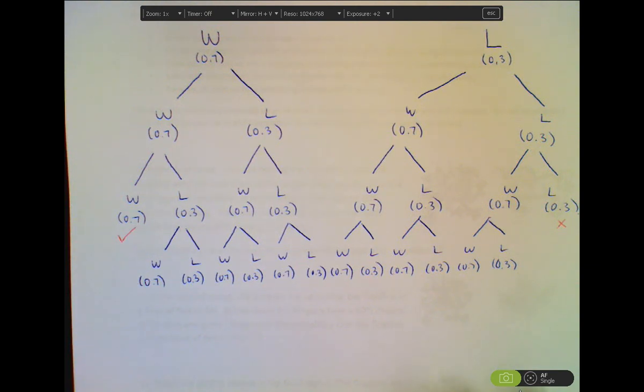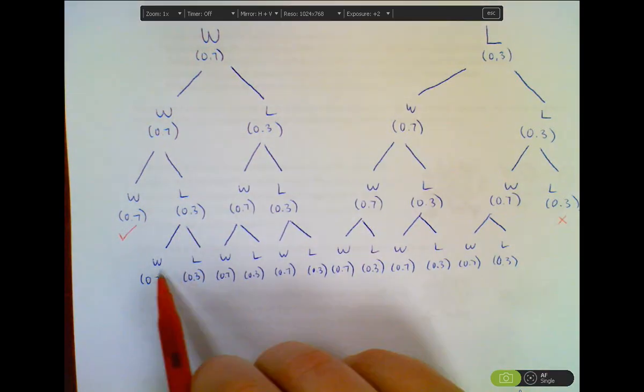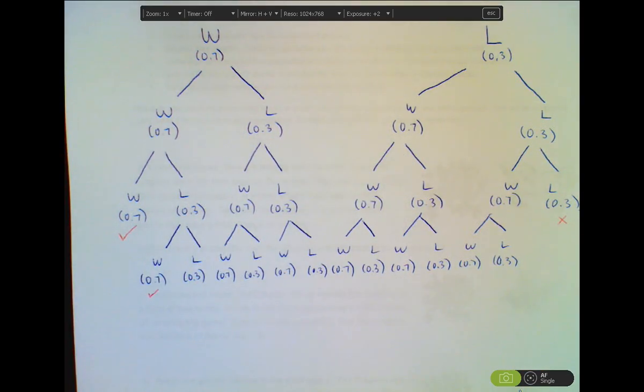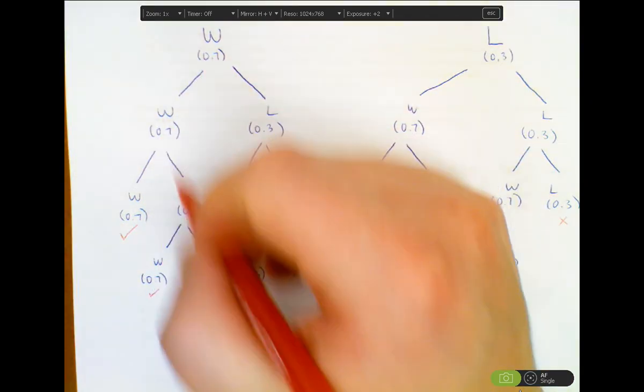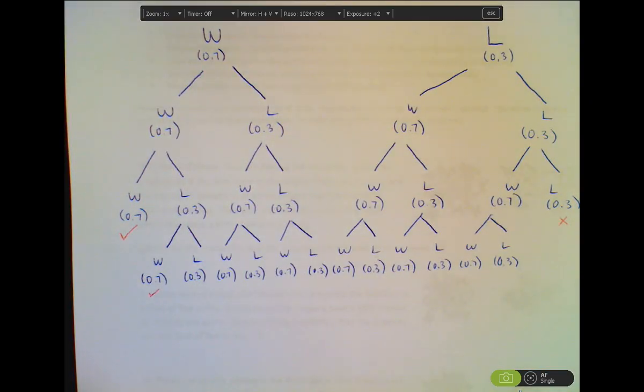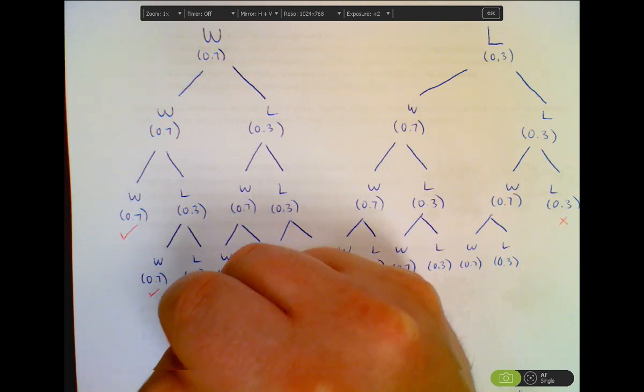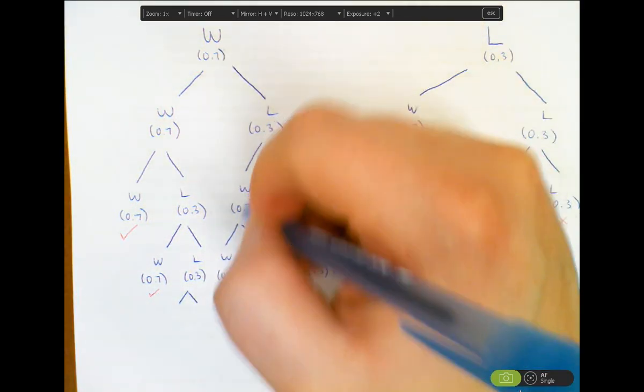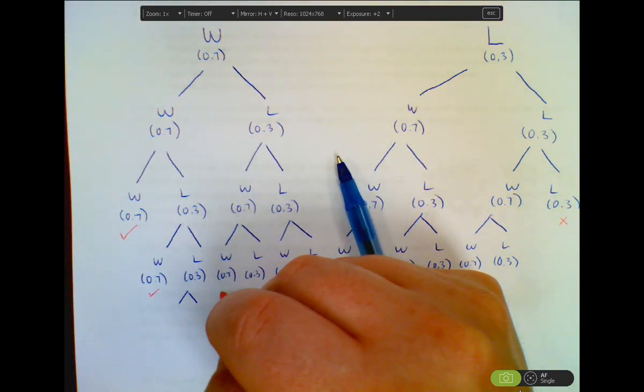So working left to right, you can see here we've won, won, won, and lost. This results in a win for the Dragons. 2 wins and 2 losses means we're going to have to go to a 5th game. So I'll just do a little mini branch out like so. Win, loss, win, win. That's a win for the Dragons.